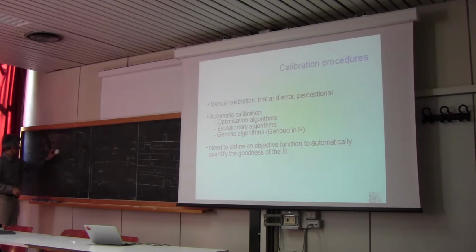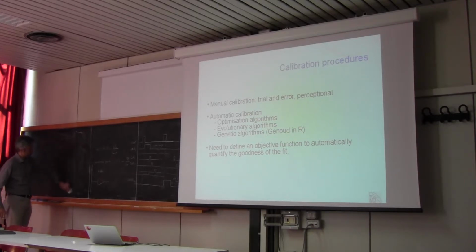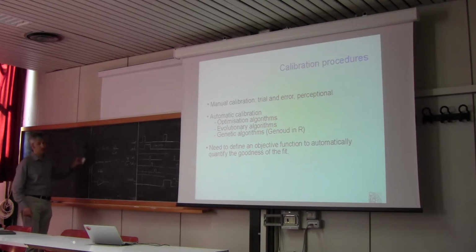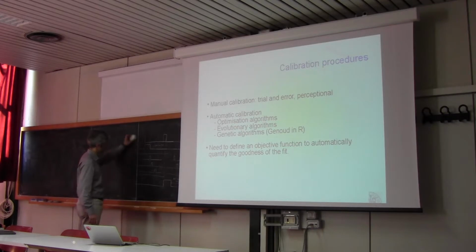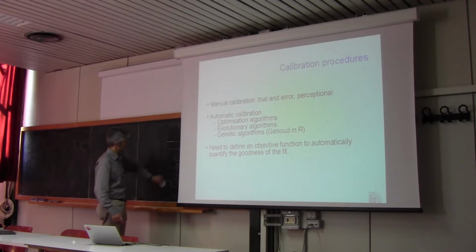This type of calibration, as I said, is particularly appealing when you have only one parameter. If you have 5 parameters, this is very difficult to do. And let's say also that this trial and error calibration requires a certain experience by the modeler.